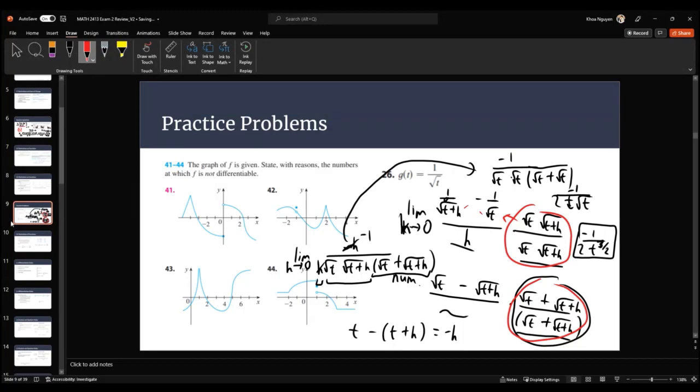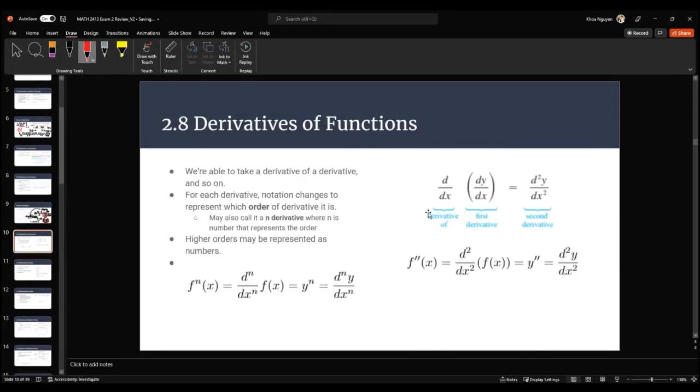So that's that one. Next one is more derivatives as functions. This is like second derivatives. Remember, d squared y dx squared is just notation for taking the derivative of your first derivative. And then these are also different ways to represent that.